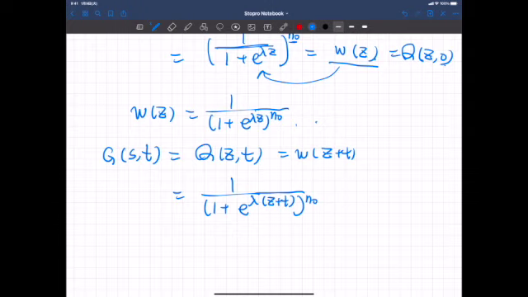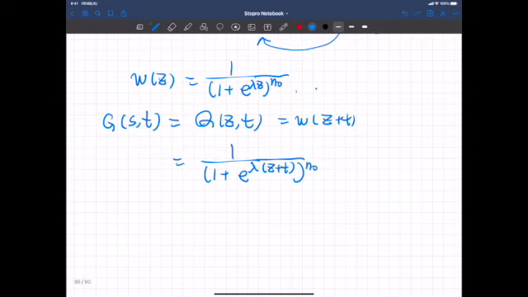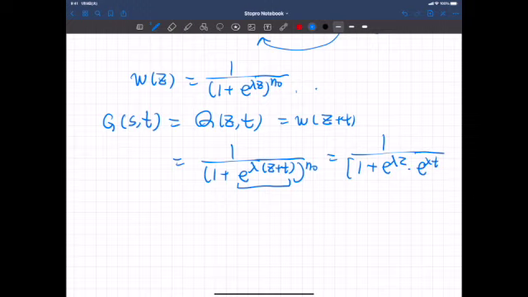But let's split inside this exponential. So that is 1 over, let's write this way, 1 plus e to the power of lambda z times e to the power of lambda t.